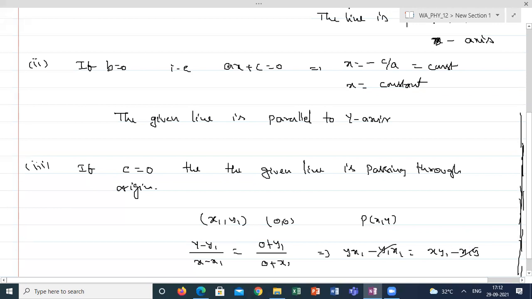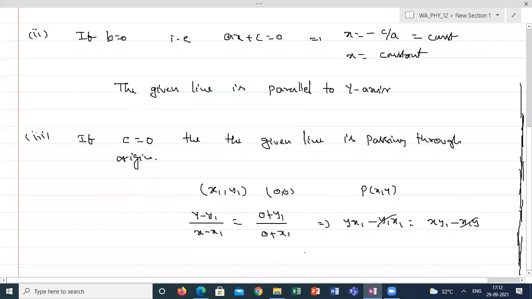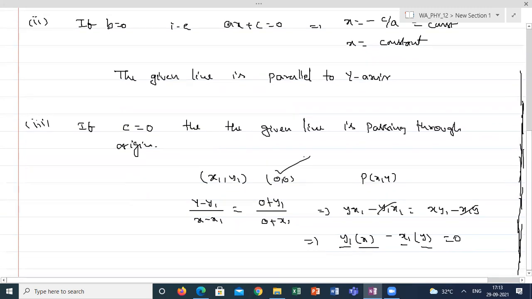These two terms cancel. Finally, I get the equation y1 into x minus x1 into y is equal to 0. So this is some constant into x minus some constant into y is equal to 0, which represents the equation of a line always passing through origin if the constant is 0.